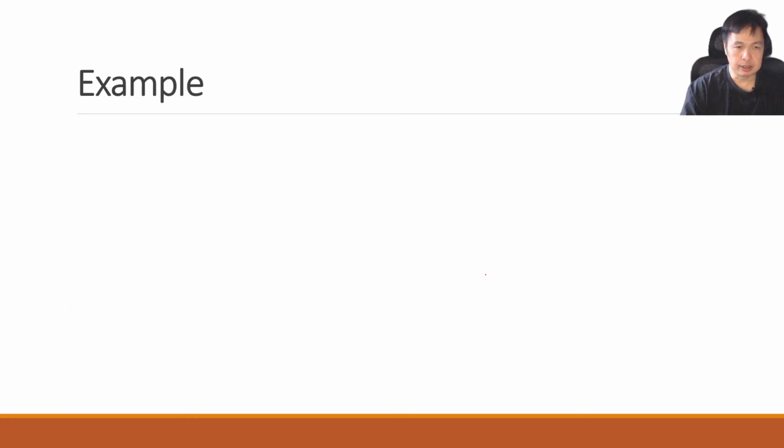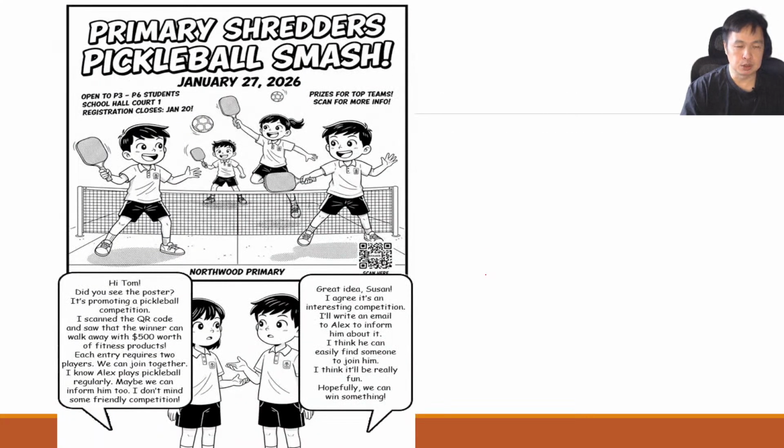Now let's very quickly jump into the next example. So this is the visual stimulus. The title says Primary Shredders Pickleball Smash. Okay, so this is a poster, and then there's a date, January 27, 2026. Open to P3 to P6 students, school hall Court 1, and the registration closes Jan 20, right?